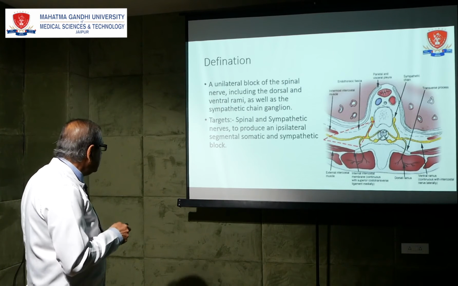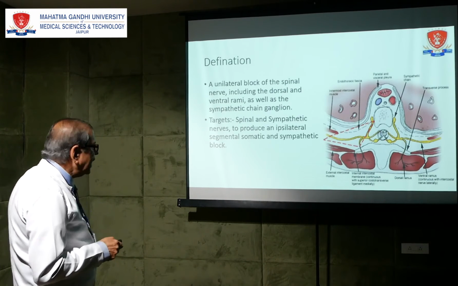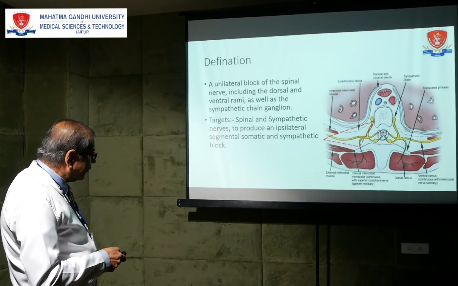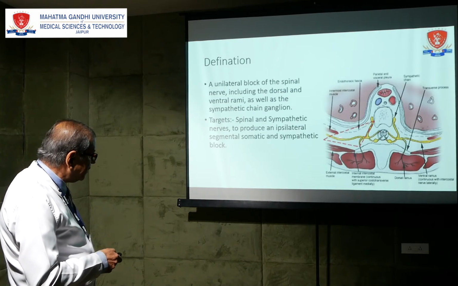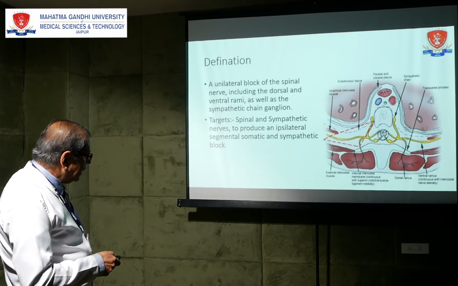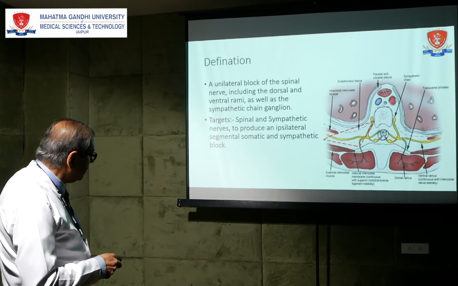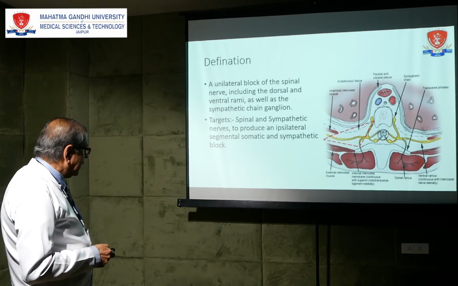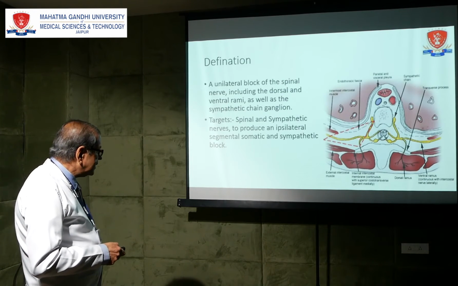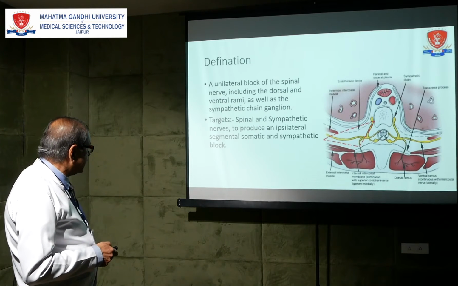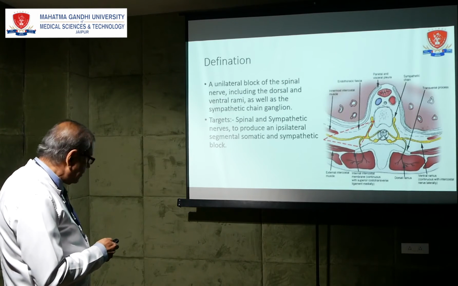It is given unilaterally and it is meant to block the emerging nerves. So, this is a wedge shaped space, and as the dorsal and ventral, these are the dorsal rami, ventral rami, they emerge out of it, they can be blocked in this area which is called paravertebral space.